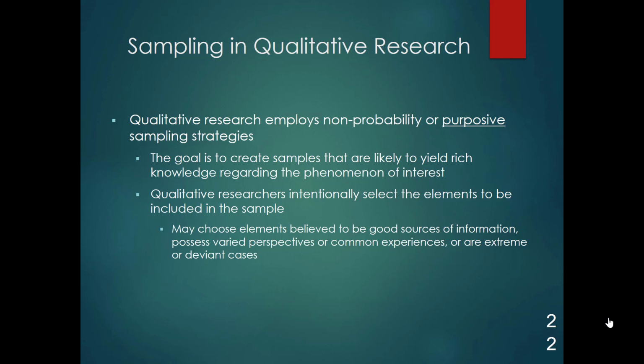When selecting the sample in a qualitative study, you're purposely picking people who are going to give you knowledge on the specific topic that you're studying. Qualitative researchers intentionally select the elements to be included in the sample. They may choose elements believed to be good sources of information, possess varied perspectives on common experiences, or are also extreme or deviant cases.